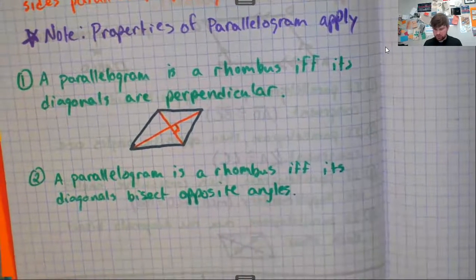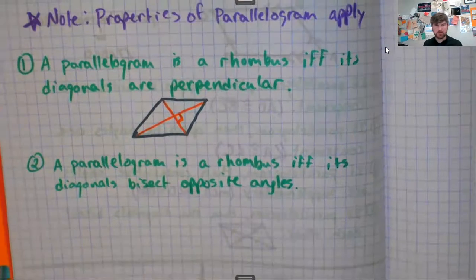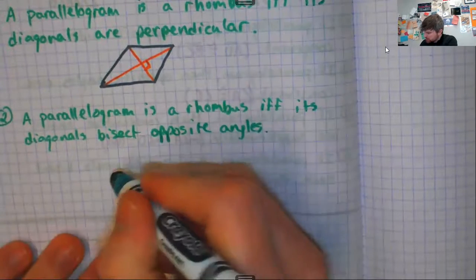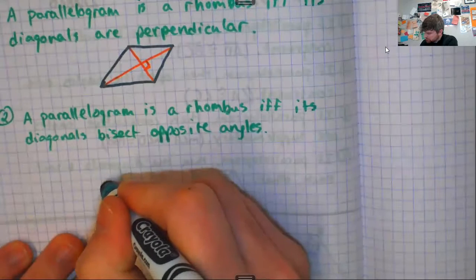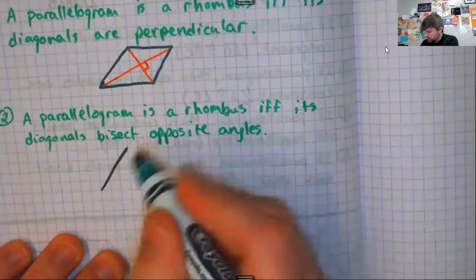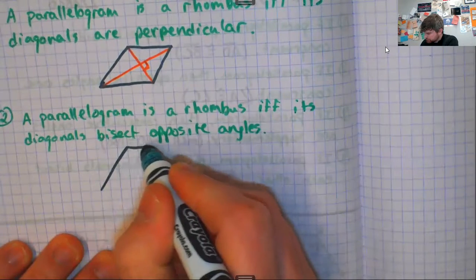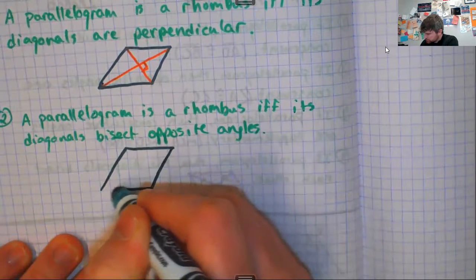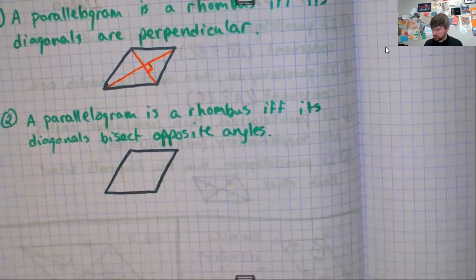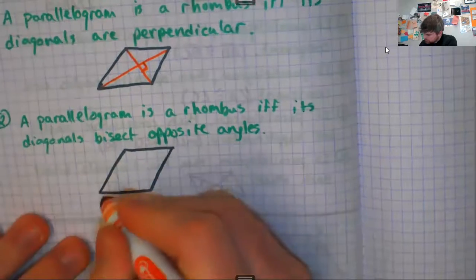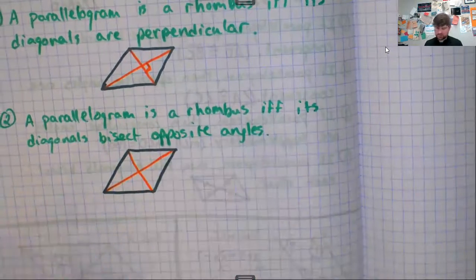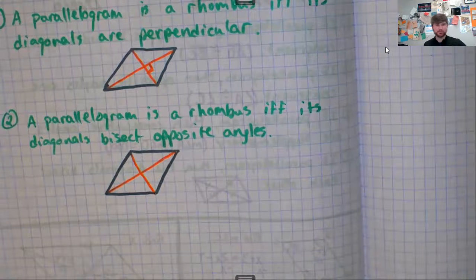Okay, this one's a little more tricky, but I think the picture here that we're going to draw will help a lot. So again, we have a rhombus or a parallelogram. Okay, and then we're going to look at the diagonals. Now remember, the first property says that those diagonals are perpendicular.